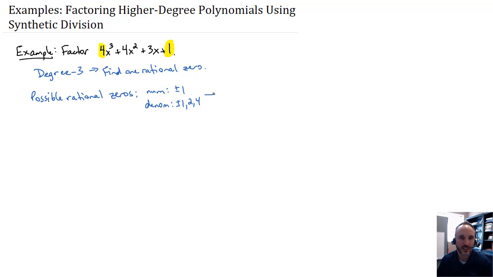Let's make our list of possible rational zeros by pairing every numerator with every denominator. I could have plus or minus 1 on top with 1 on bottom, which is 1. Plus or minus 1 on top with 2 on bottom, so that's 1/2. And plus or minus 1 on top with 4 on bottom. So I've got 6 possible rational zeros here.